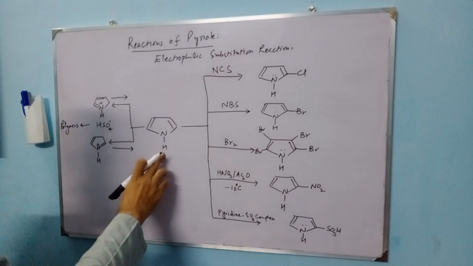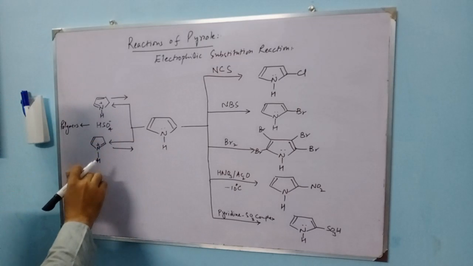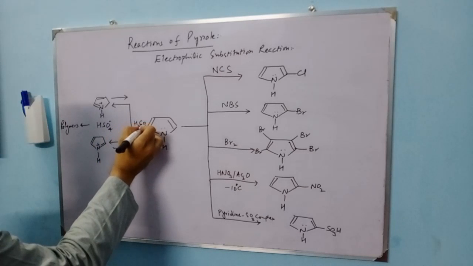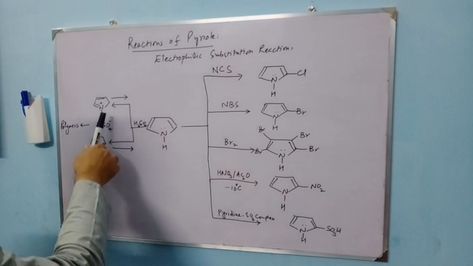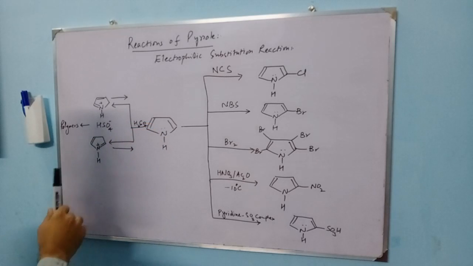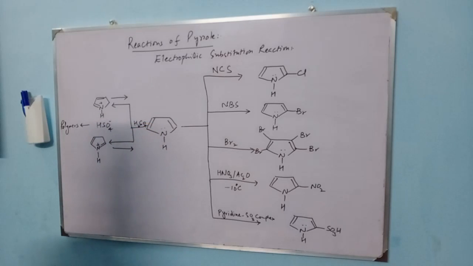When pyrrole is reacted with sulfuric acid, in general we get polymers, and as a result protonation of carbon 2 takes place here, protonation of carbon 3 takes place.